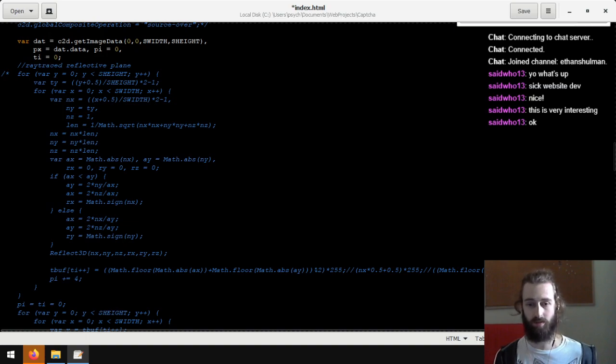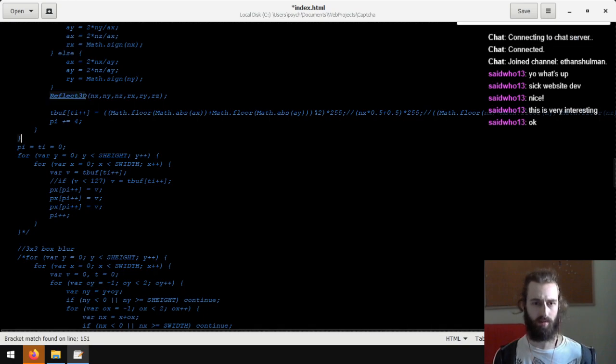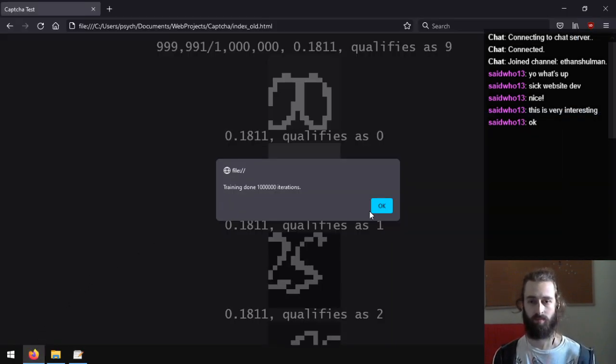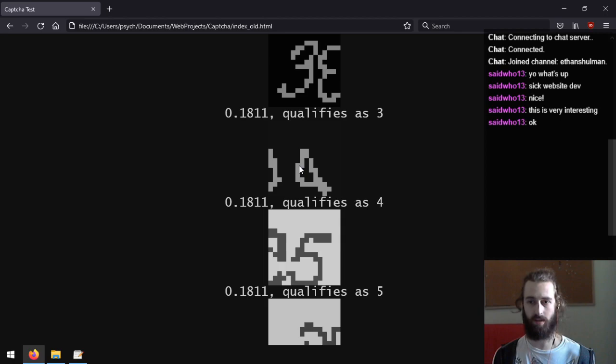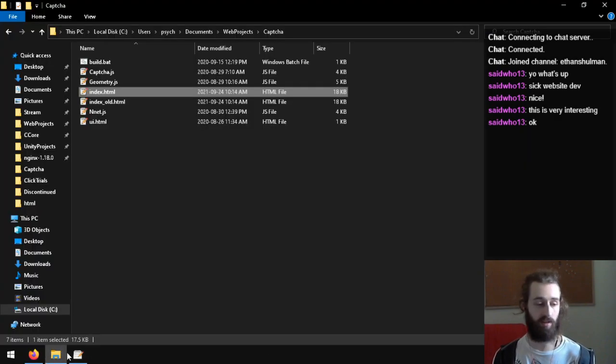Retraced reflective plane. Ah. Okay, yeah. It didn't identify any of them correctly. That neural net is broken.